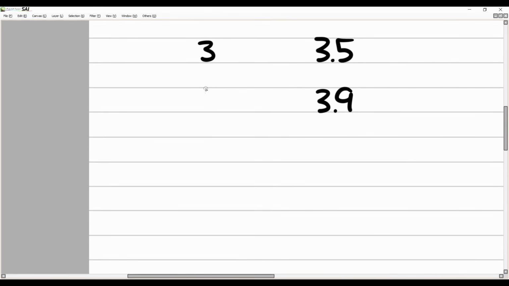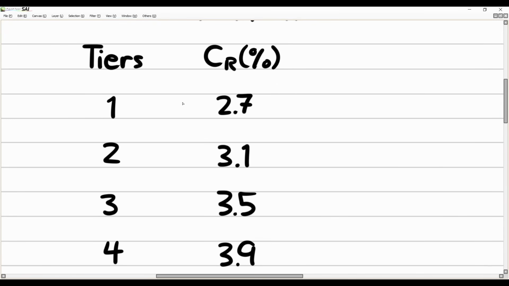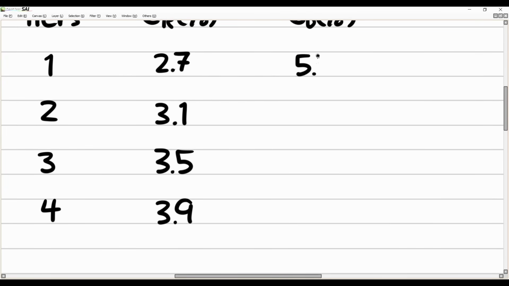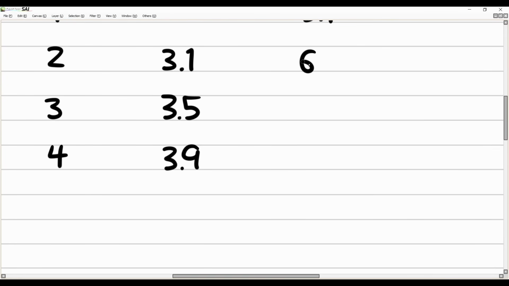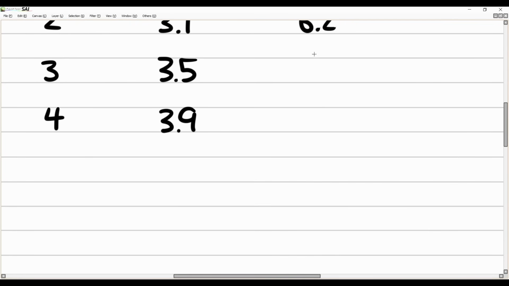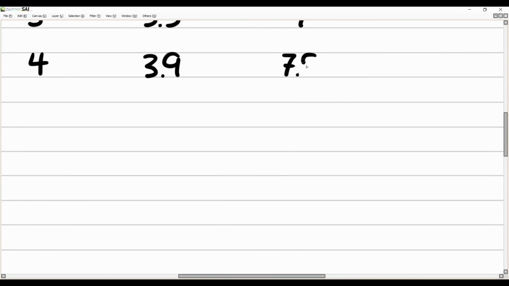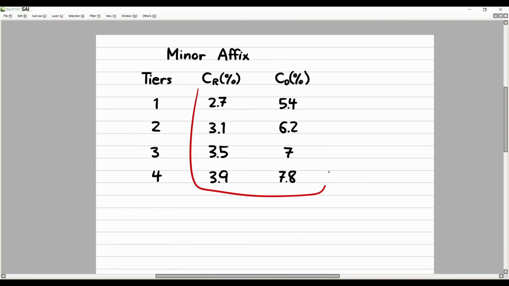Tier 4 is the best and tier 1 is the worst. But for crit damage, we will observe that these minor affix values are 5.4, 6.2, 7, and 7.8%. These are 100% observable facts.